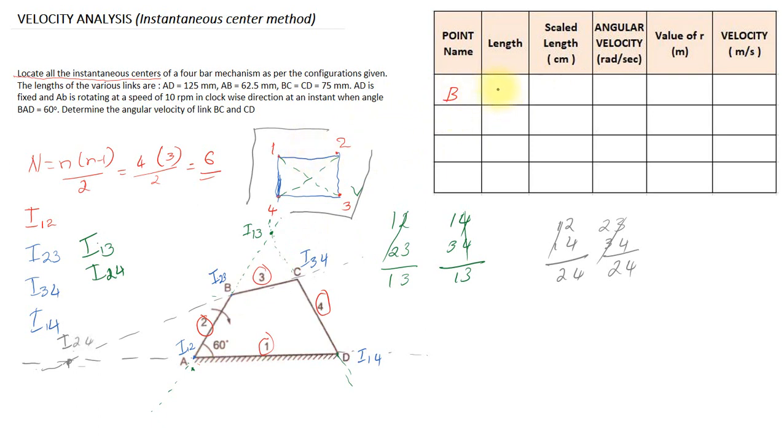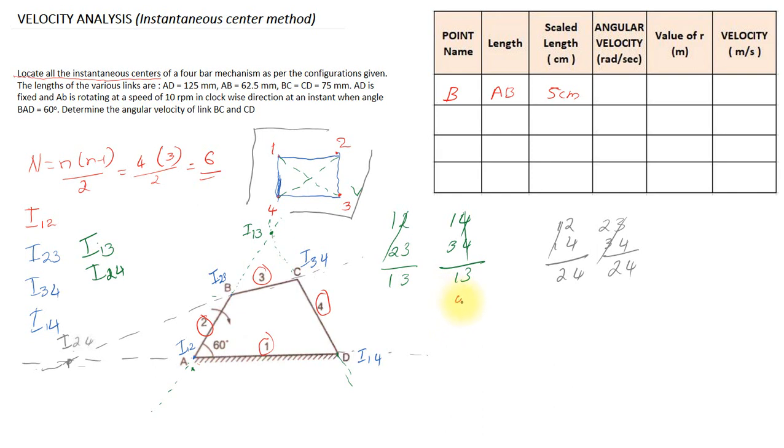Now I am going to fill the table. For the point B, the length used for calculating the velocity of B is AB. In this diagram I have used a scale factor, and I have drawn the length AB as 5 centimeter. The angular velocity is given in the question as 10 rpm.